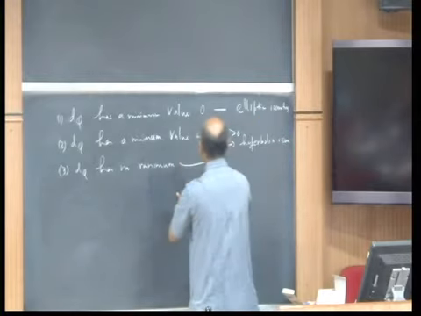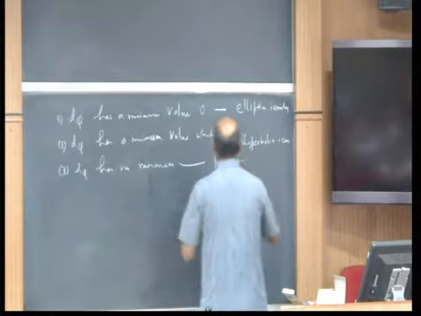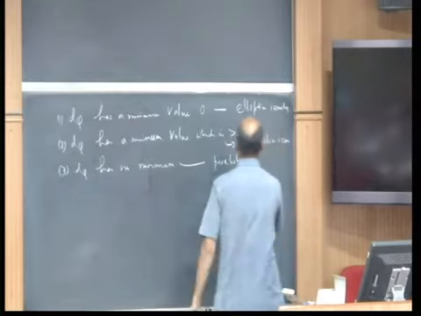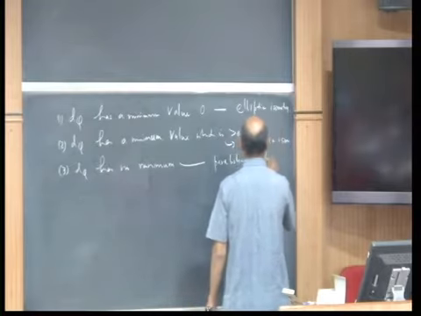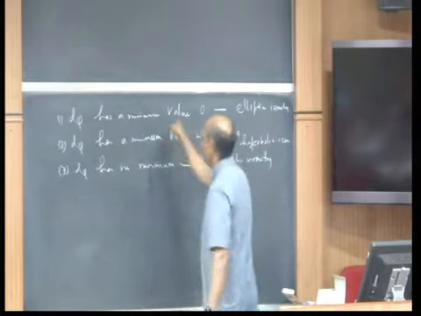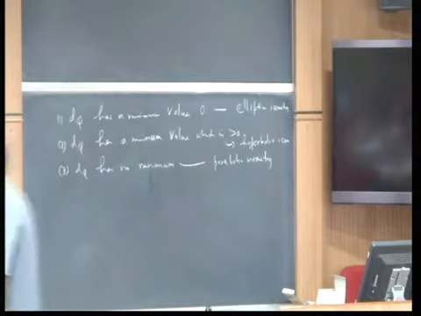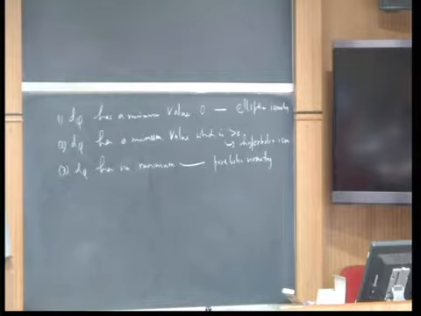And this one is parabolic. So this minimum value 0 means it has a fixed point. If it's 0, that means the distance between P and phi of P is 0.